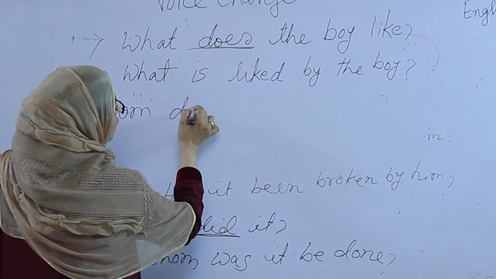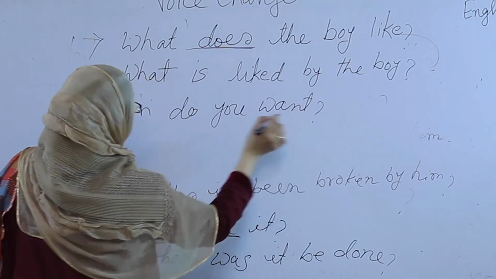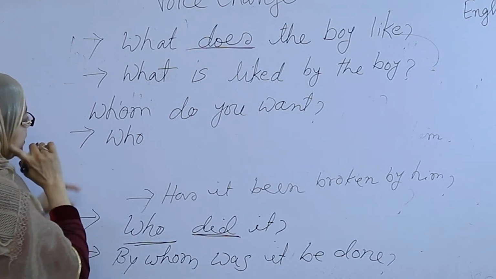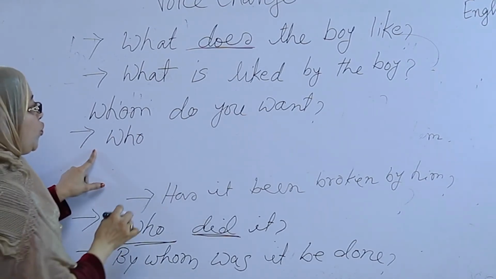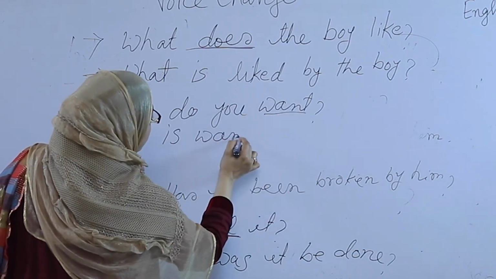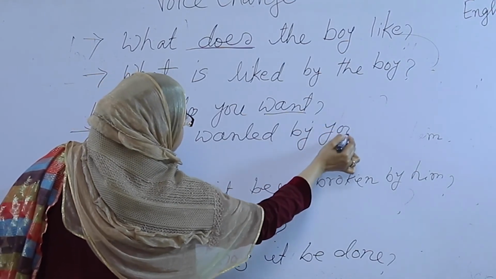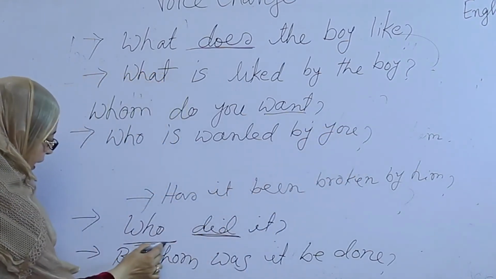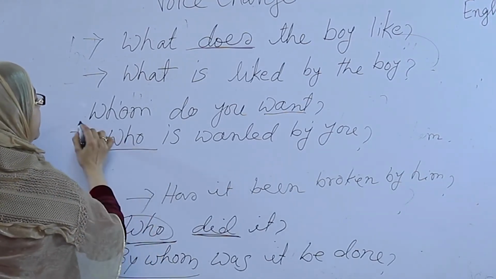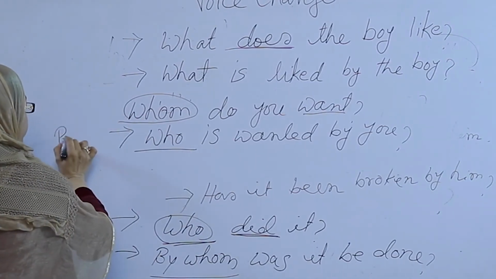Whom do you want? I use who when I turn it into passive. Who is wanted by you, with the past participle form of want. So, look at the board. I use by whom instead of who, and who instead of whom, when I turn it into passive.